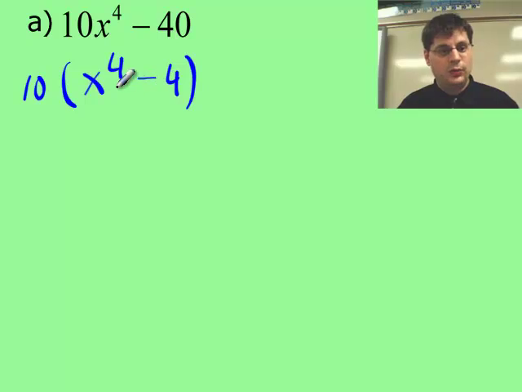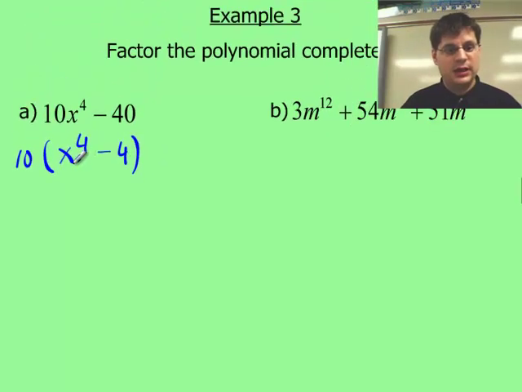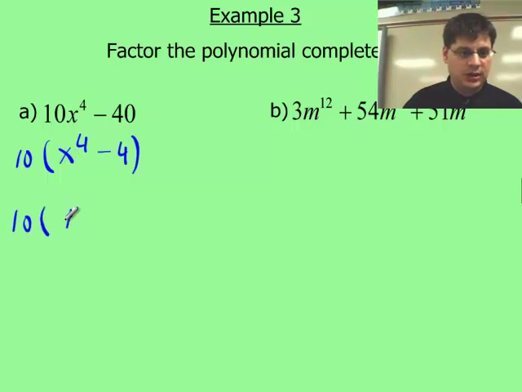Okay, now what we have here is a perfect square binomial, but it may not look like it because you're used to seeing an x squared, but really it is. If I rewrite it, this is like saying x squared squared minus 4.